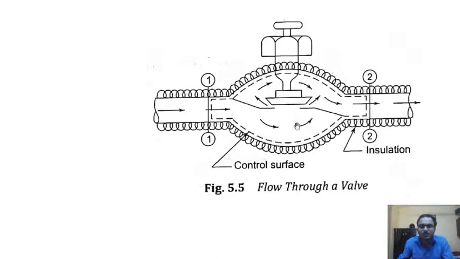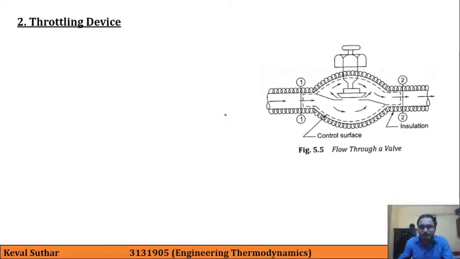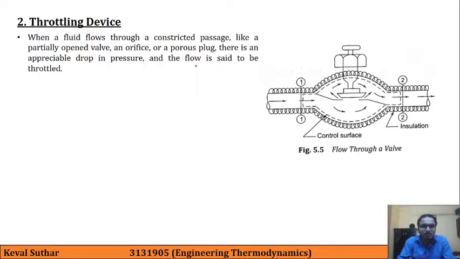So flow of fluid is controlled through this valve. When a fluid flows through a constricted passage like a partially opened valve, an orifice or a porous plug, there is an appreciable drop in the pressure and the flow is said to be throttled.